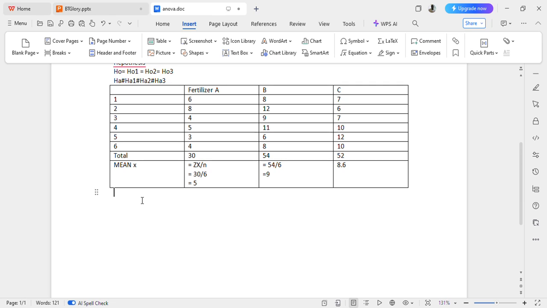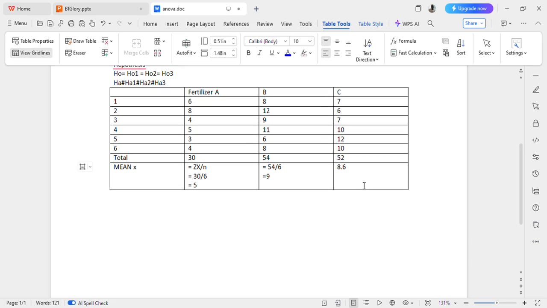Number 2, we determine the mean for all groups. I call it the overall mean.